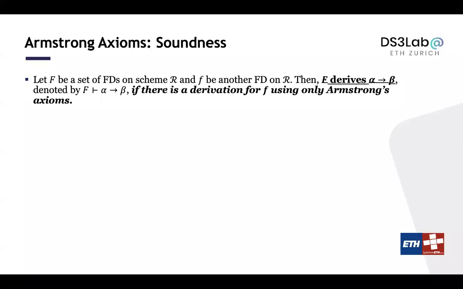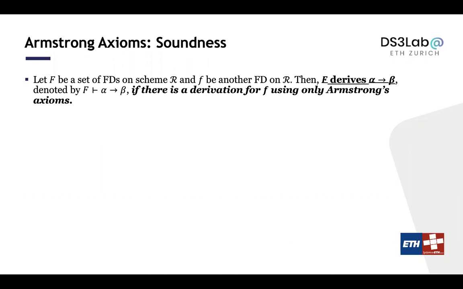Let there be a set of functional dependencies F on schema R. We say this set of functional dependencies F derives a new functional dependency alpha to beta, and we write it this way: F derives alpha to beta, if there's a derivation for alpha to beta by only using Armstrong's axioms. That is, you take F and keep applying Armstrong's axioms to F, then you can derive alpha to beta at the end.